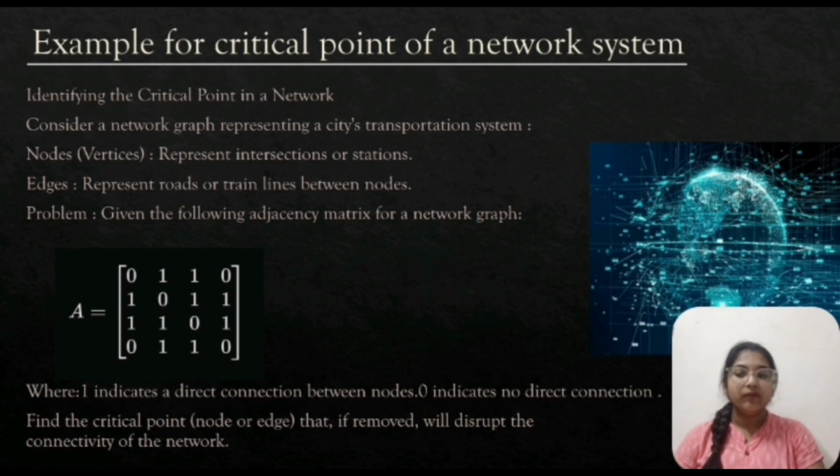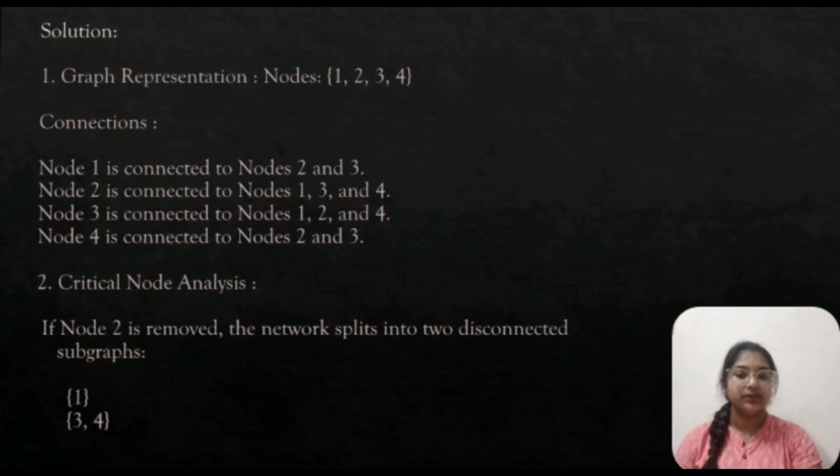Here 1 indicates a direct connection between nodes and 0 indicates there is no direct connection between the nodes. So, we have to find the critical point, that is the node or edge that, if removed, will disrupt the connectivity of the network.